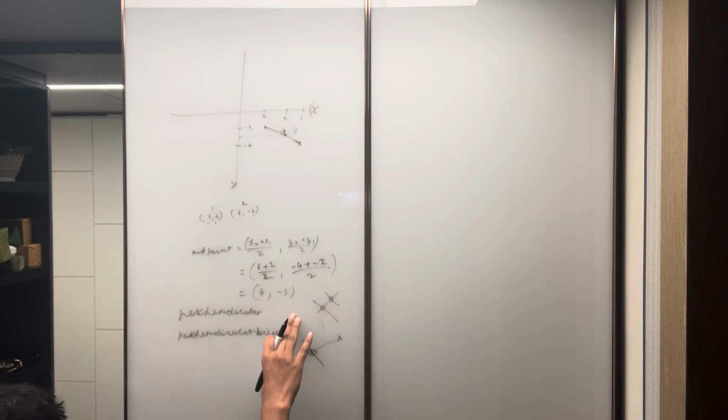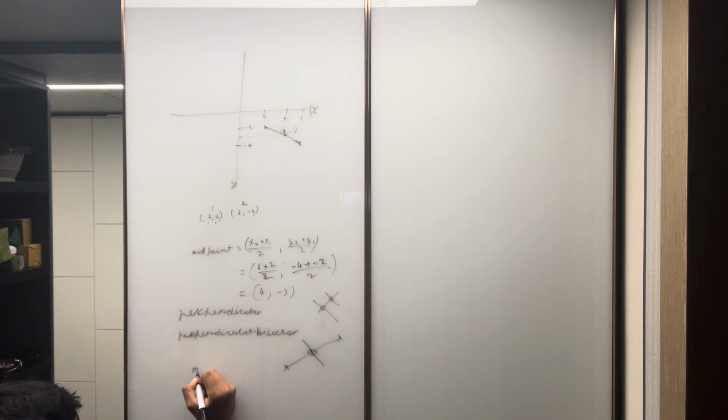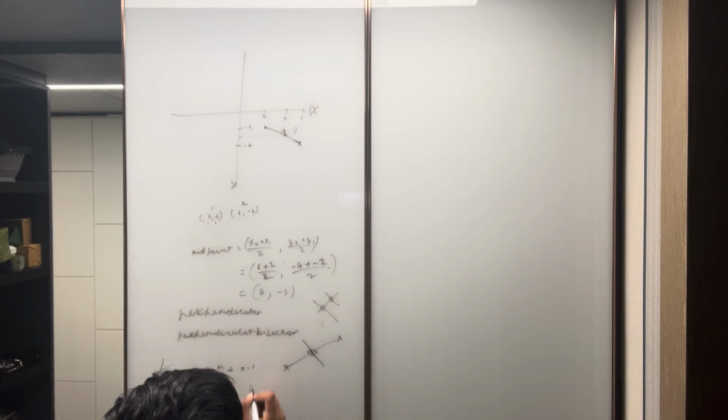The similarity between the perpendicular and the normal line is that the gradient of the normal line into the gradient of the perpendicular equals -1.